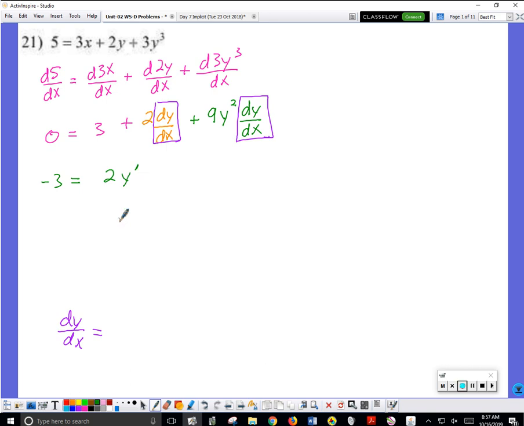I do think it is important, just like I told you to always write dx in the beginning, to write dy dx once, at least. Once you write dy dx, on the next line, if you want to change that to y prime, that's okay. But there are some problems in the future where if you forget to write dy dx, it could cause trouble. So write dy dx once. On the next line, if you want to abbreviate, it's perfectly fine. So now I have plus 9y squared y prime.